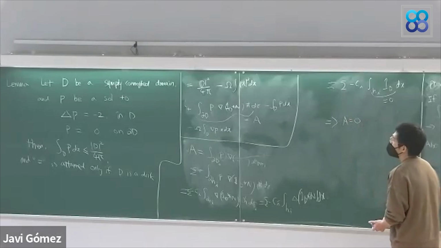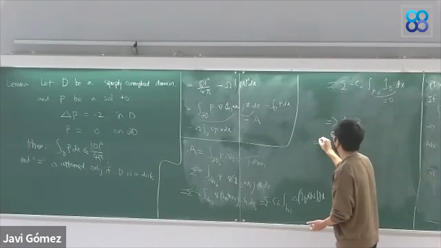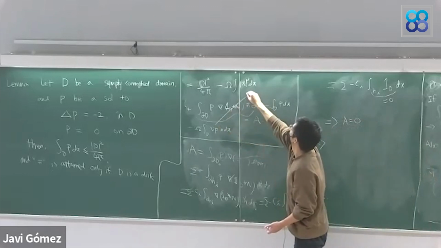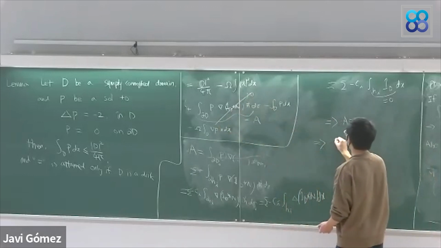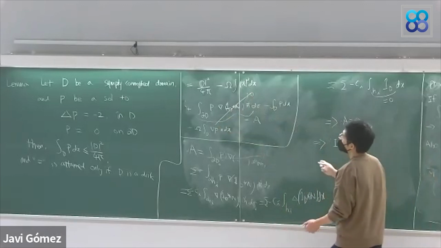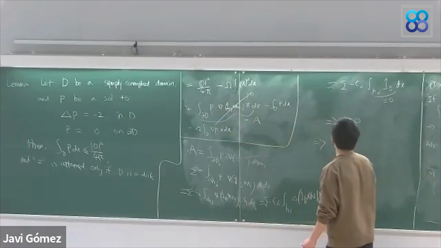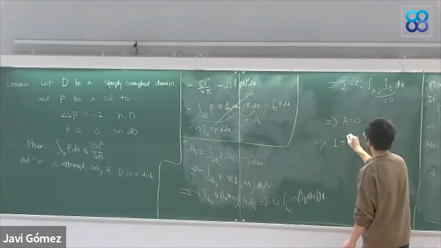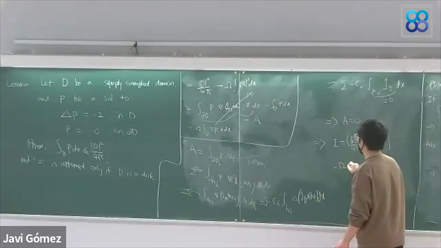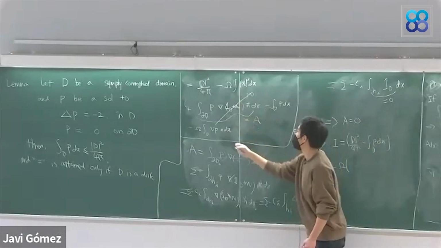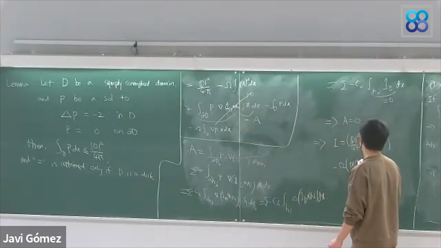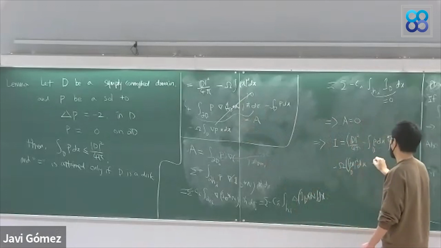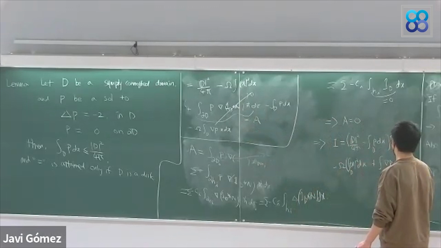Okay, then what do we have? This vanishes. So we get the quantity I is, let me collect these terms together: d squared over 4 pi minus omega times, let me put these together, plus the integral over x.